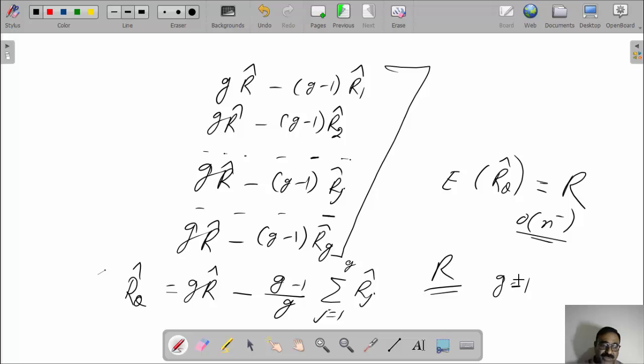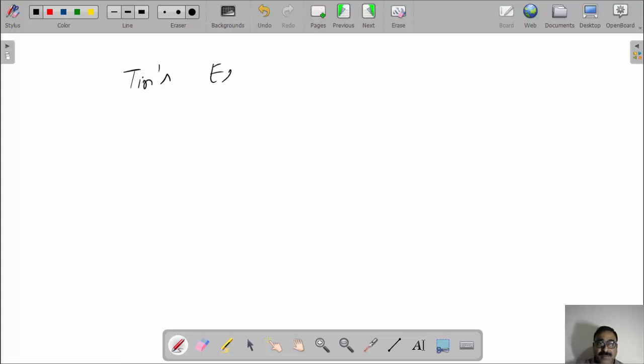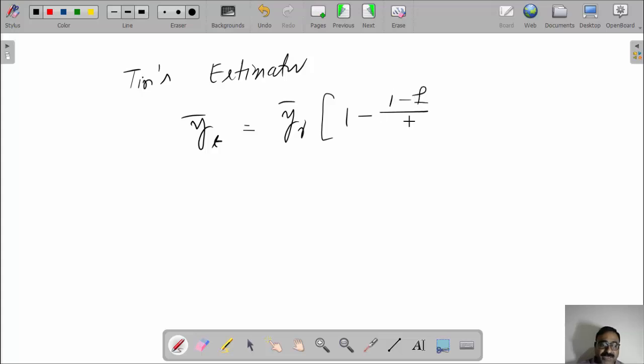So when g equals 2, that we considered as a special case before this. Some other almost unbiased estimators were considered by Tin. This is y_T bar equals y_R bar 1 minus f by n into Sx square by x bar square minus Syx by y bar x bar.